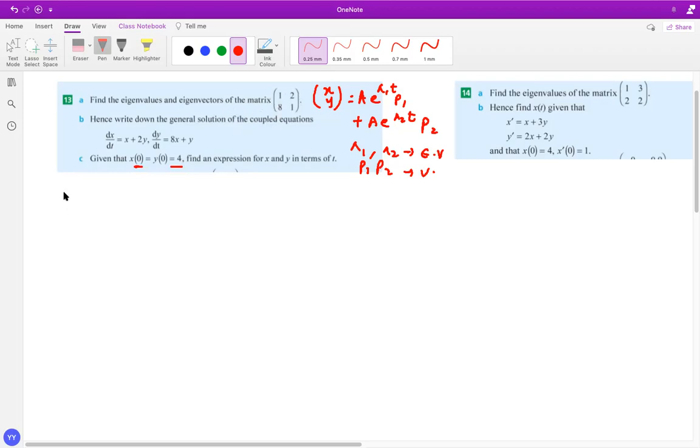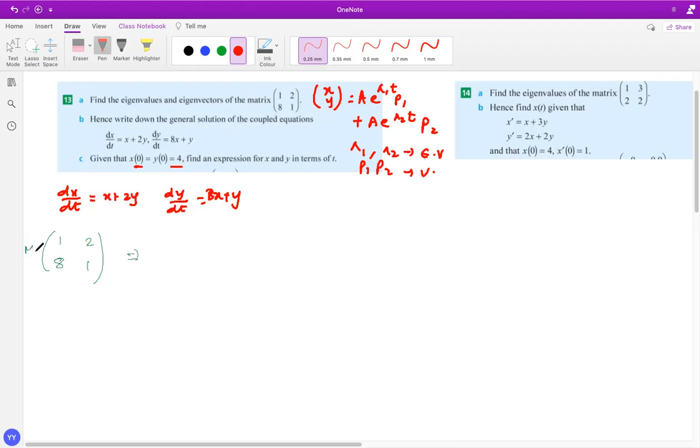So we're solving dx by dt equals x plus 2y and dy by dt equals 8x plus y. I'm going to quickly find the eigenvalues for this. So we have the matrix 1, 2, 8, 1. As I said in the previous video, to find the eigenvalues you can use the characteristic equation.